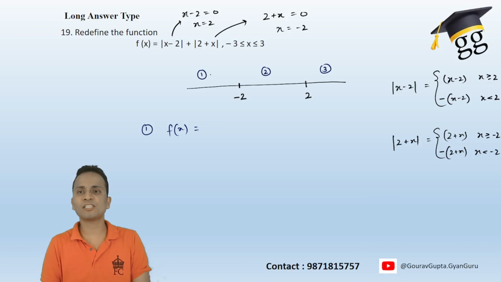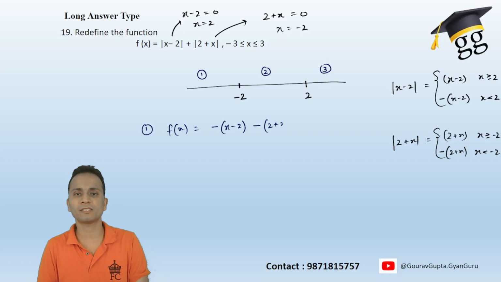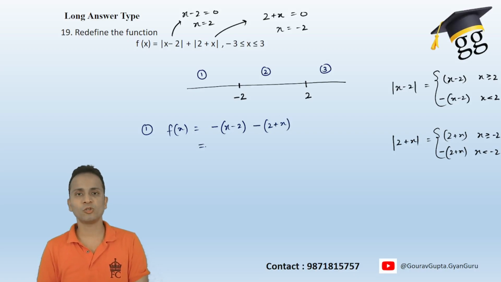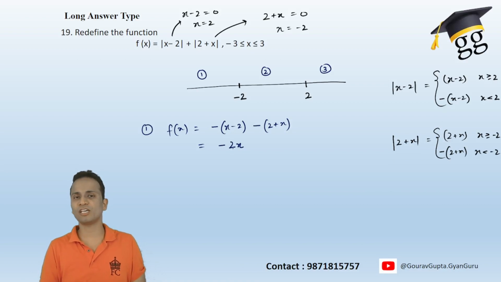So modulus of x minus 2 will be written as minus of x minus 2, and modulus of 2 plus x will be written as minus of 2 plus x. So this is region number 1. If I simplify this, minus x plus 2 minus 2, it will become minus 2x. Alright, this is how the function will be defined in region number 1.